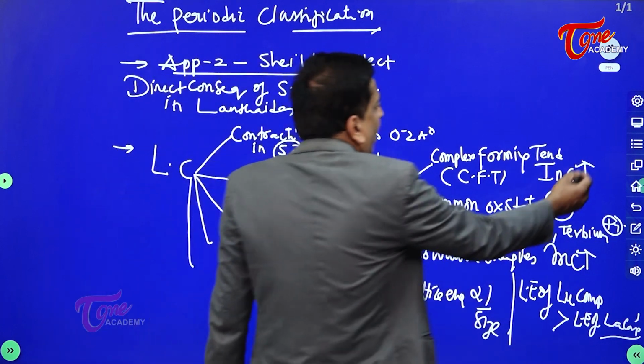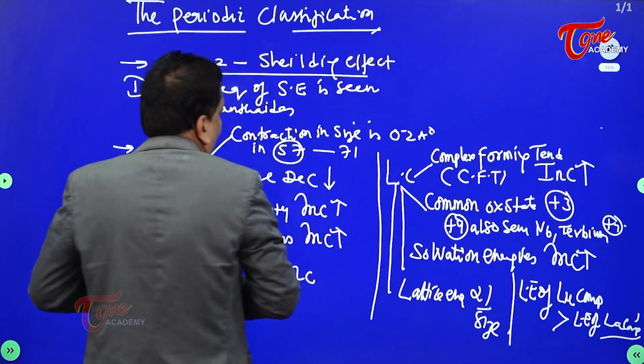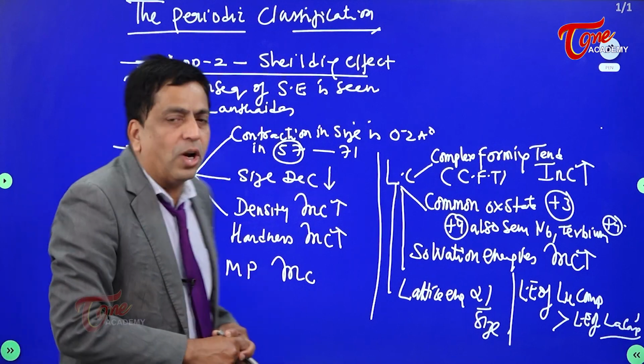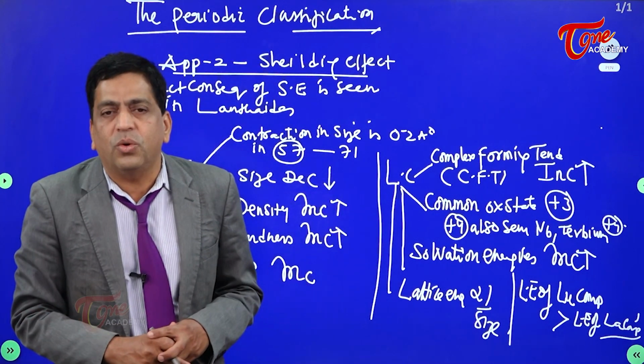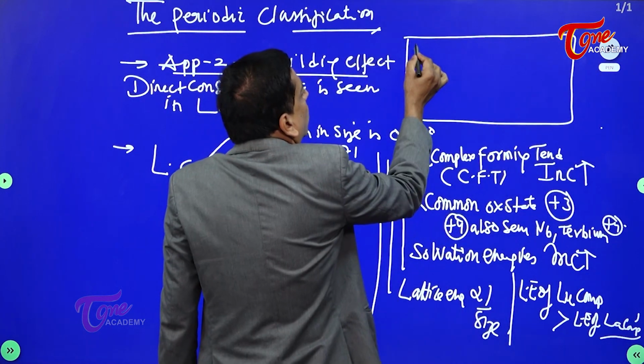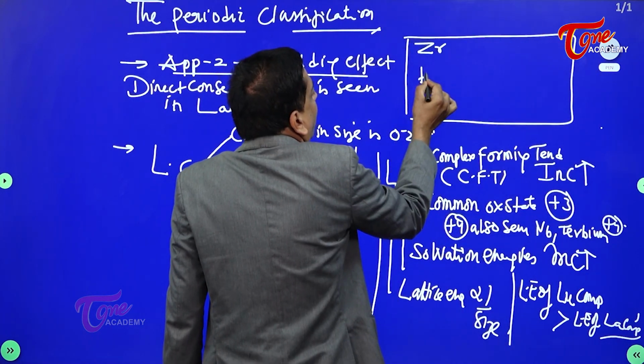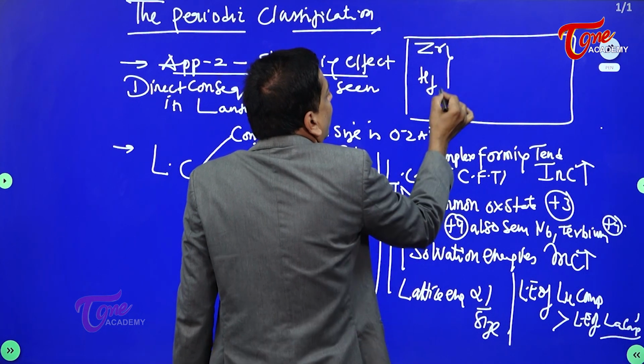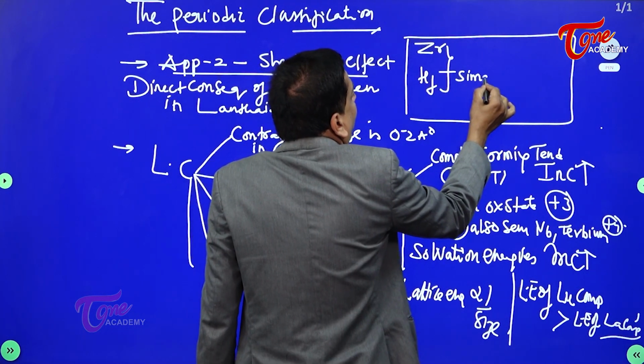Size. You must understand. And then these are some of the properties of lanthanides. And the most important one which I would like to highlight is basically this. Zirconium and hafnium, they have similar radii.